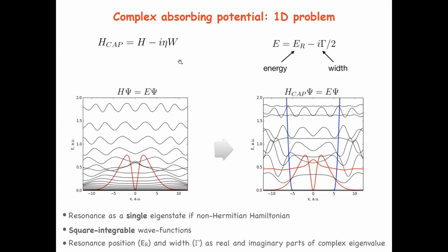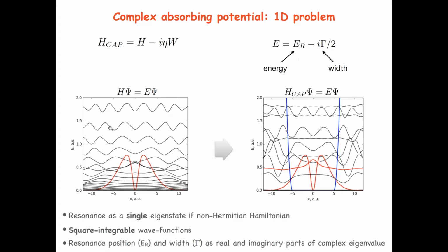So the resulting Hamiltonian becomes non-Hermitian, and resonances appear as a single square integrable state of the CAP augmented Hamiltonian associated with a complex eigenvalue, where the real part of this complex eigenvalue gives us the resonance energy, and the imaginary part of this complex eigenvalue determines the width. So in principle, if we can get eigenvalues of this CAP augmented Hamiltonian, we can get both parameters of the resonance state, so their energies and their width, which is inversely proportional to lifetime.